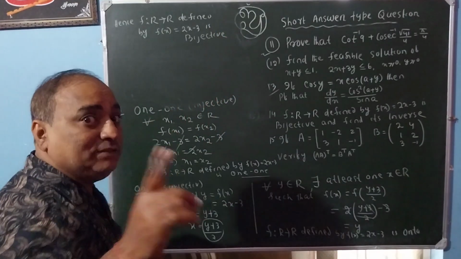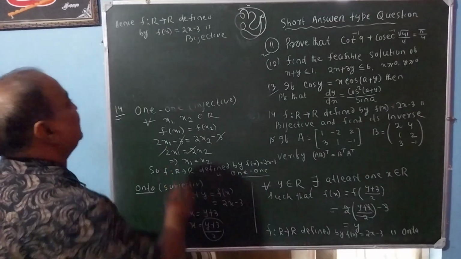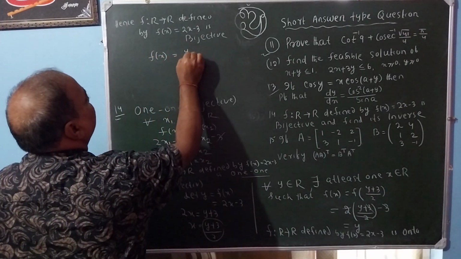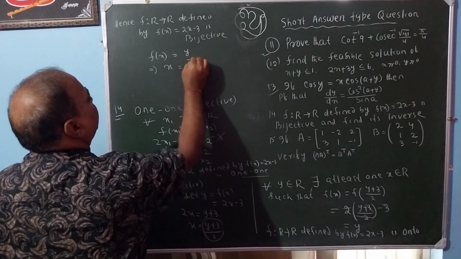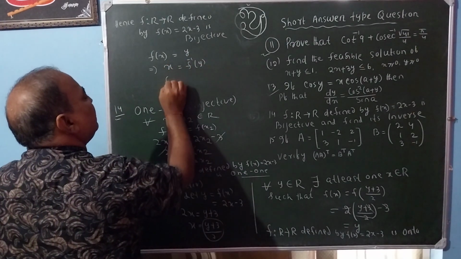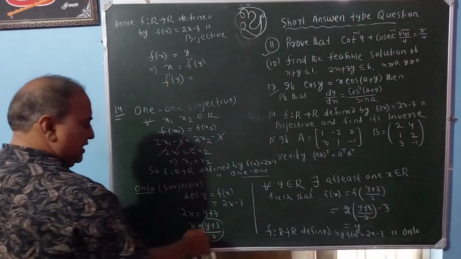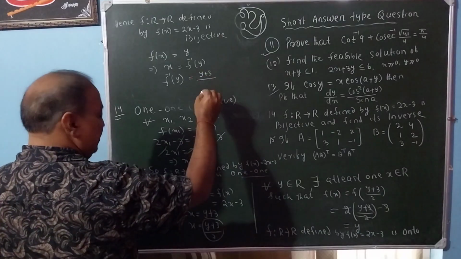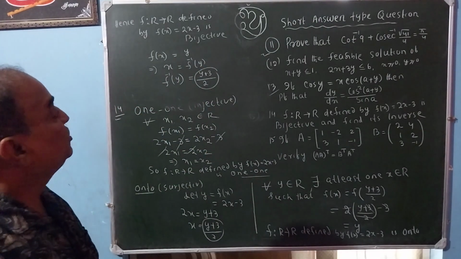When a function is bijective, at that time its inverse exists. So write down f(x) is equal to y. So that implies x is equal to f inverse of y. So f inverse of y is equal to x. The value of x is coming out (y plus 3) by 2. This is the formula for f inverse of y.